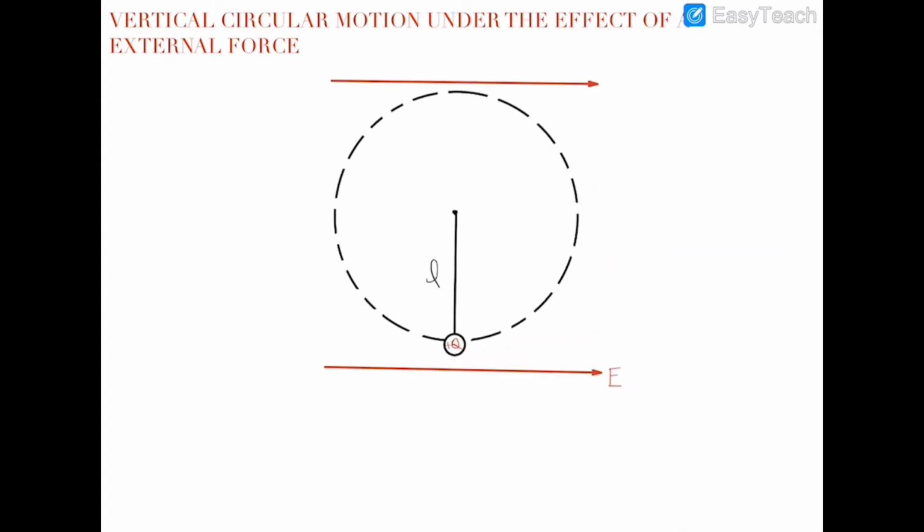So in this question also we have to find out the minimum velocity required to be given to this ball so that it may cross the highest point. But in this problem, the force is being applied in the horizontal direction. So first of all, we need to check the equilibrium position, and as we know, the equilibrium position will not be this vertical line.